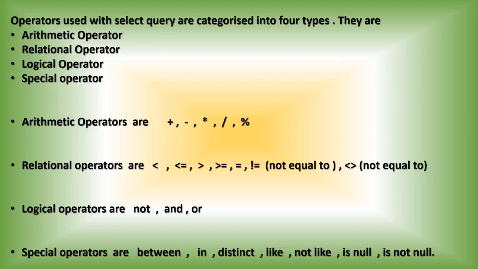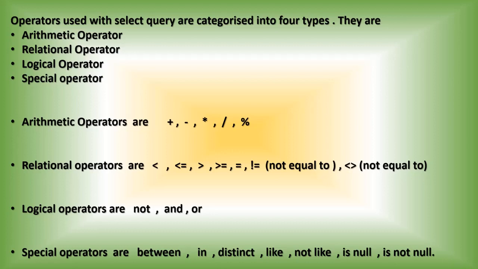The same types of operators are here in SQL also. The arithmetic operators supported in SQL are plus, minus, star, division, and percentage sign. Here double slash is not there. Single slash will give you the actual divided value.